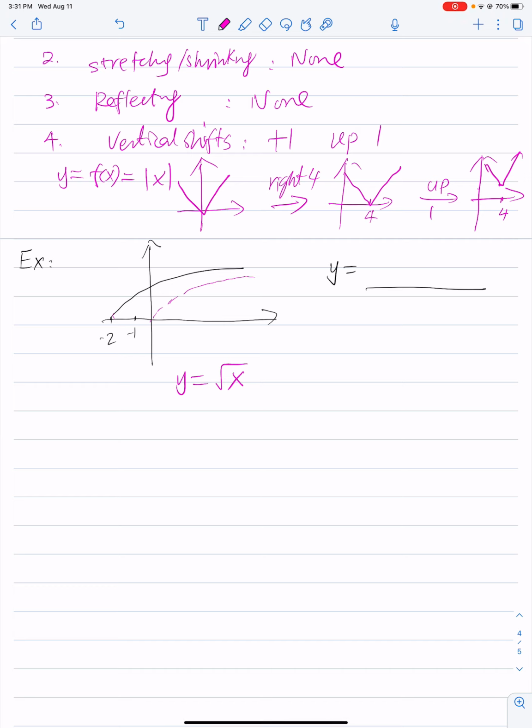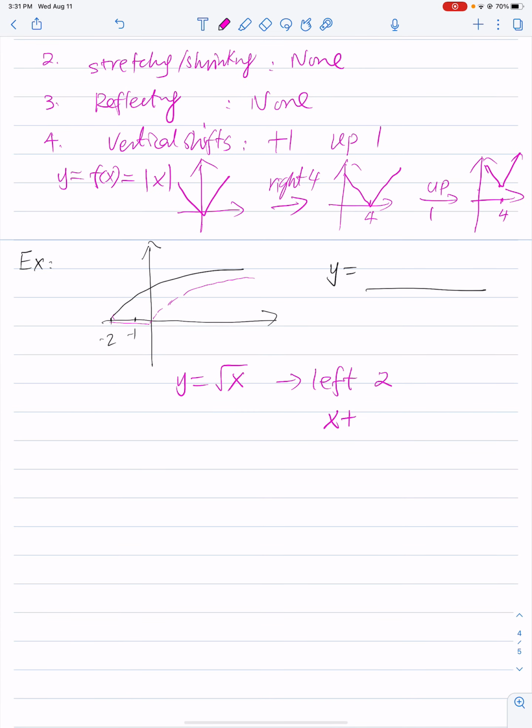And then this one is shifted to the left 2. Left 2 means what? x plus 2. So what will the function be? y equals square root of (x plus 2), because it goes to the left 2. Left means plus, yeah? Okay?